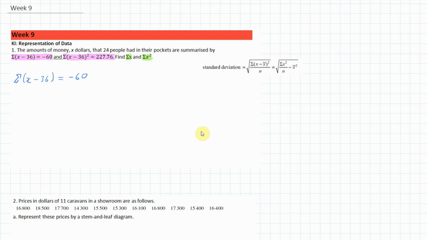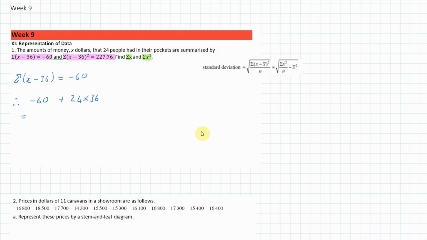So to find the sum of X, I'm going to take that negative 60, and then do plus 24 times 36. And this ought to equal the sum of X.